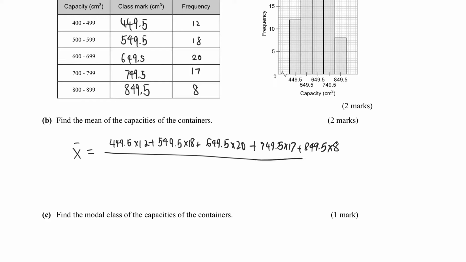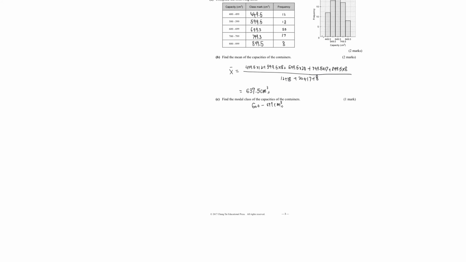And then divided by the total number of frequency, which is these numbers added together. Okay, so that will be 637.5 cm cube. The mode, I guess you can see it, that should be 600 to 699 cm cube, because that is greatest.